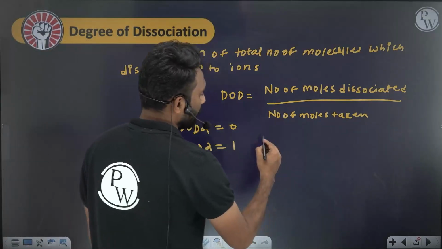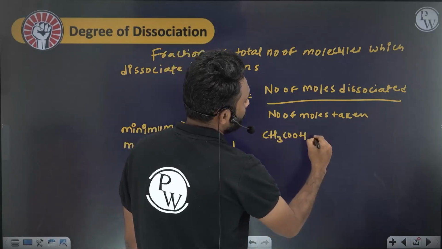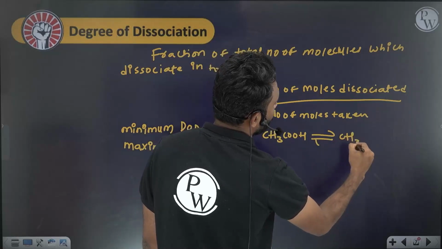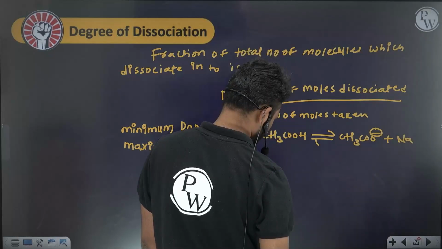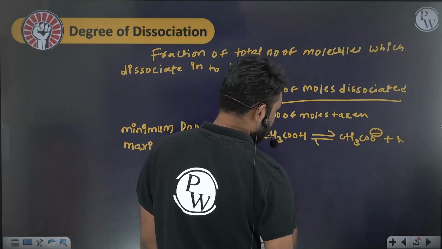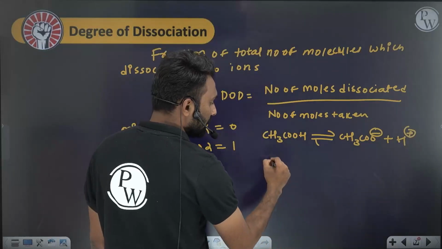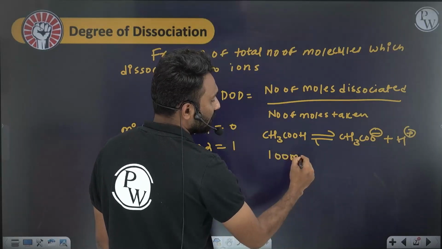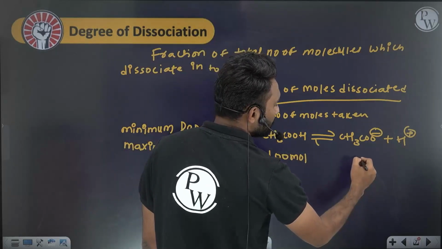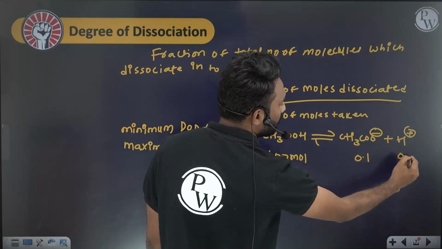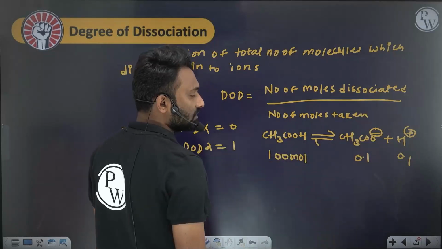Now here, if you take a weak electrolyte, acetic acid, it will be converted into acetate ion and H plus. If I take 100 moles of acetic acid, only 0.1 mole of acetate ion and 0.1 mole of H plus ion are formed.